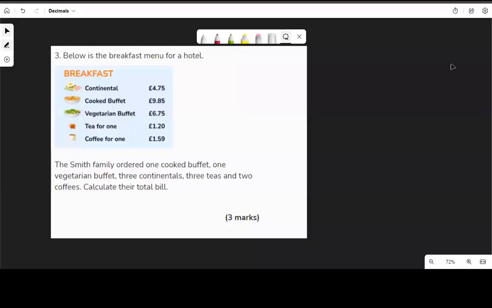Okay, now we'll move on to another example, example 3, a big past question rather. It says, below is a breakfast menu for a hotel. Continental buffet, 4.75 pounds. Cooked buffet, 9.85 pounds. Vegetarian buffet, 6.75 pounds. Tea for 1.2.